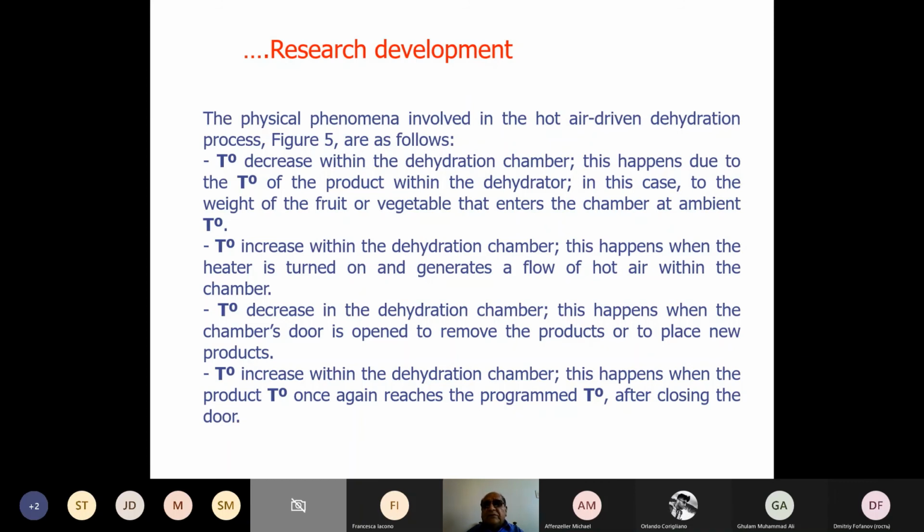This happens when the heater is turned on and generates a flow of hot air within the chamber. Temperature decreases in the dehydration chamber. This happens when the chamber's door is opened to remove the products or to place new products. Temperature increases within the dehydration chamber. This happens when the product's temperature reaches again the programmed temperature after closing the door.